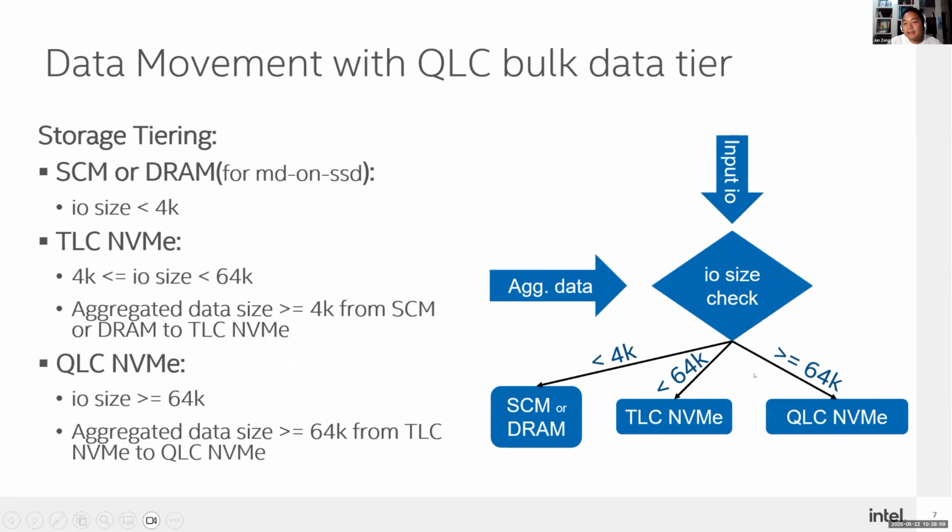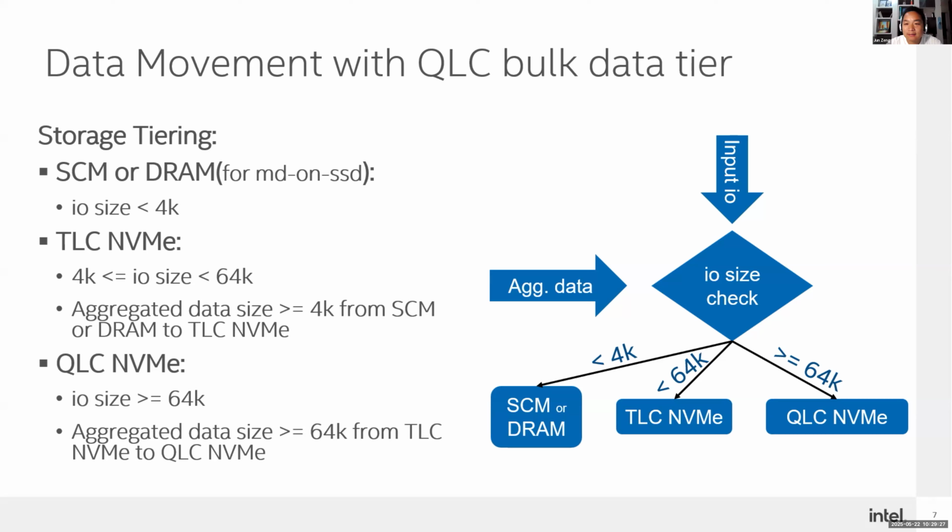If the I/O size is larger than 64K, it will go to QLC directly. I see. One point is that we don't have enough environment to test the performance yet. Makes sense. Thanks.